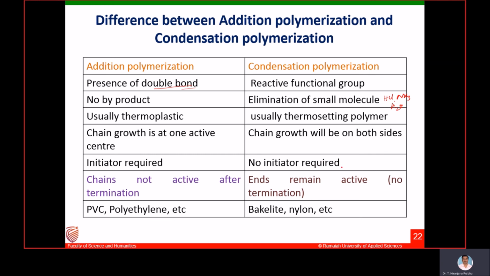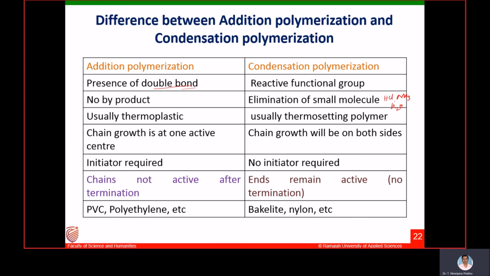Several initiator molecules can be used depending on the type of polymer. Now, in condensation polymerization, no initiator is required. Just two monomers react with each other, and the ends remain active after termination. That means you cannot really terminate. Once the monomer is not available, chain growth will stop, but the ends will still be active.